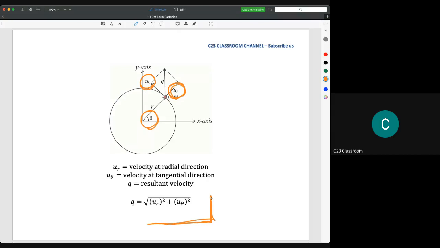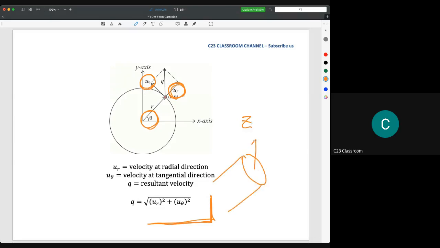If we have a three-dimensional case, we will have a Z axis. The Z axis will show like this. For example, we have a circle here.